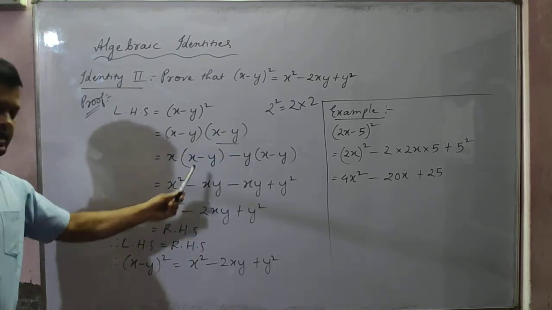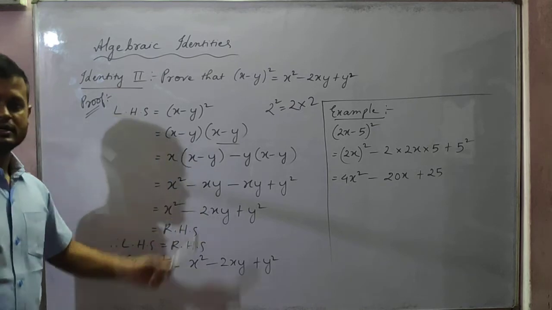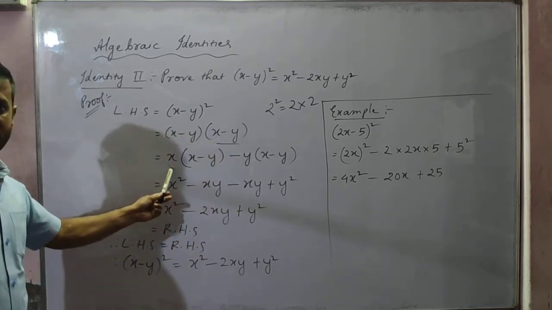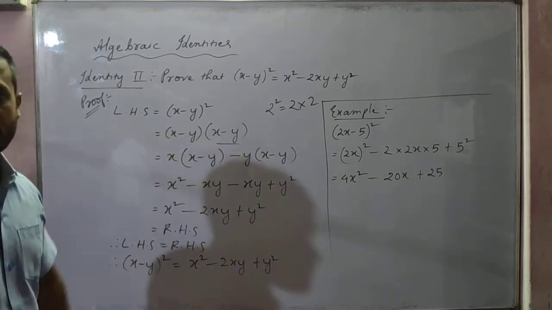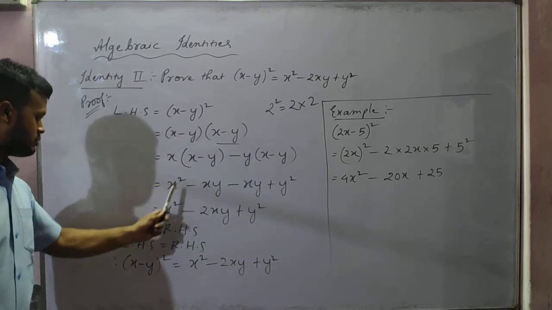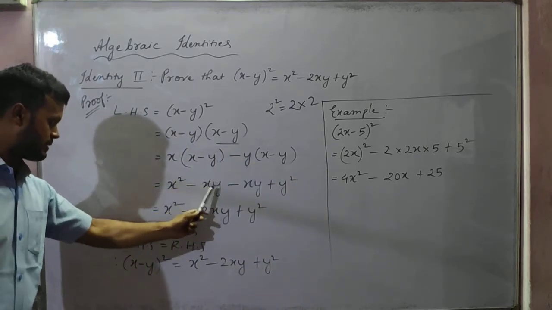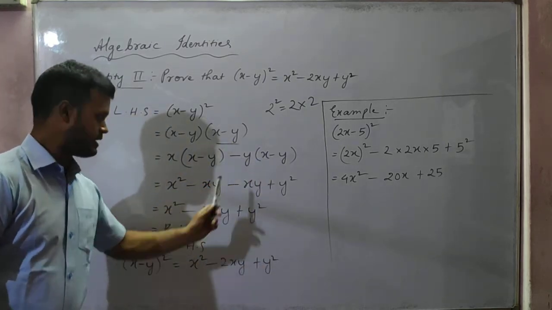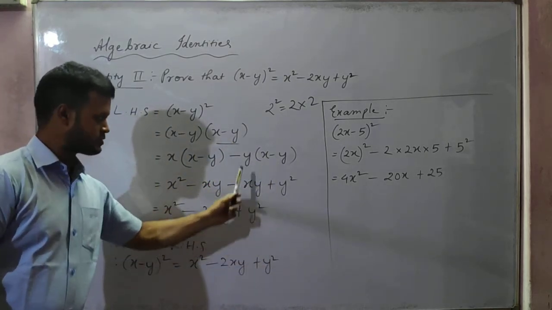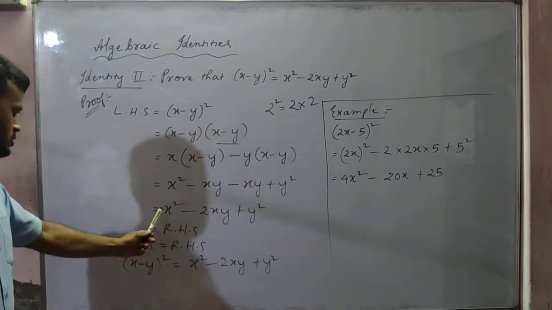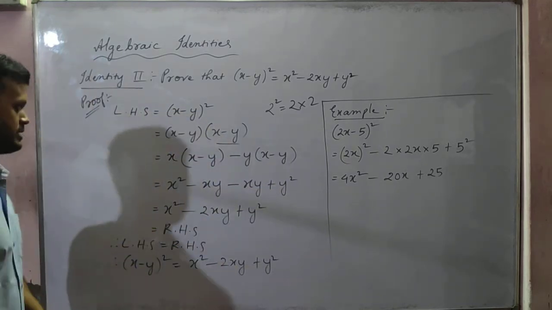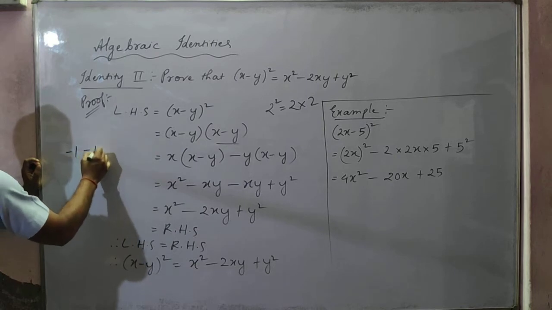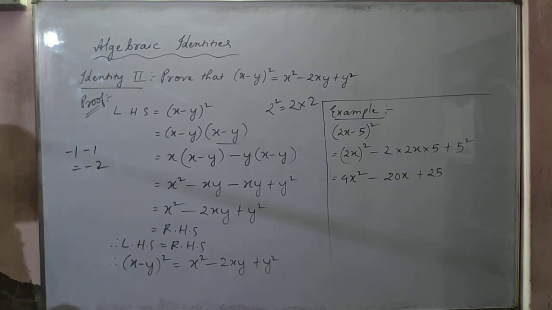So x into x. Now this x outside will be multiplied with this x and y both, isn't it? So x into x will become x square, minus x into y will become xy, minus sign, minus y into x will become xy. This minus will become plus, y into y will become y square. So x square minus xy minus xy, minus 1 will become minus 2, isn't it?